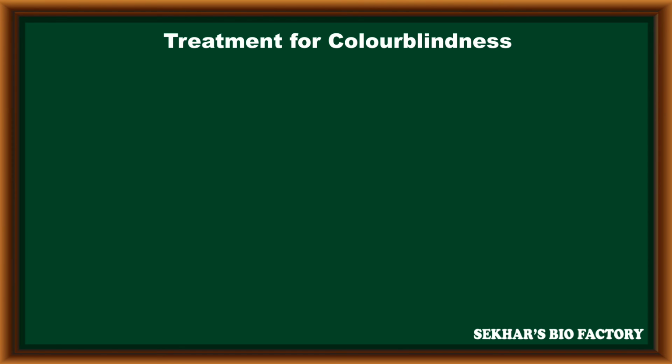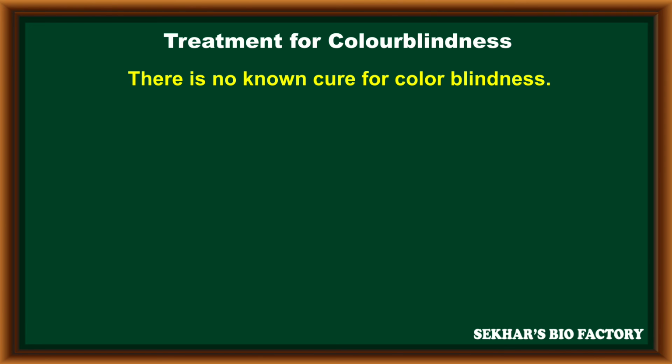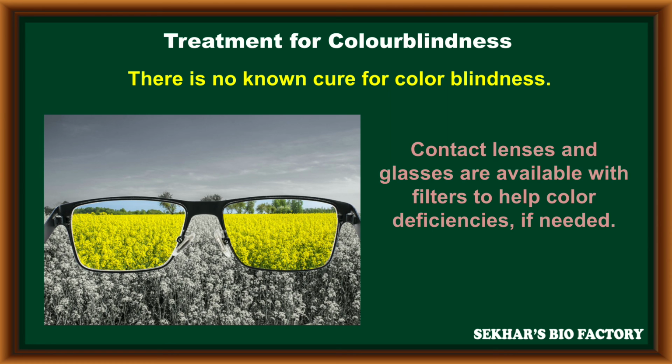So is there a treatment for color blindness? Actually, there is no known cure for color blindness. There is no correct treatment, but contact lenses and glasses are available with filters to help color differentiation if needed.